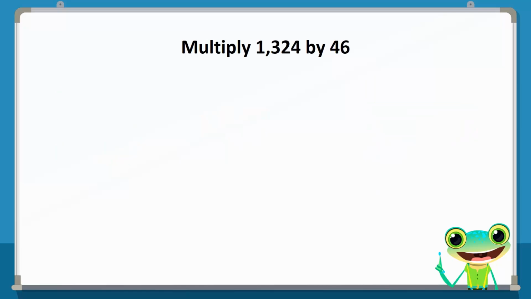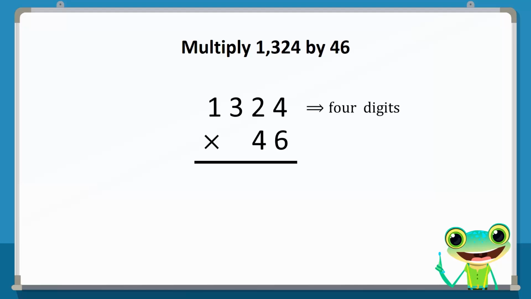Moving on, we will look at one more example. Just like the previous problem, we align the digits according to their place values. We have a 4-digit number at the top and a double-digit number at the bottom. Just like before, we will multiply each digit of the number at the bottom with each digit of the number at the top.